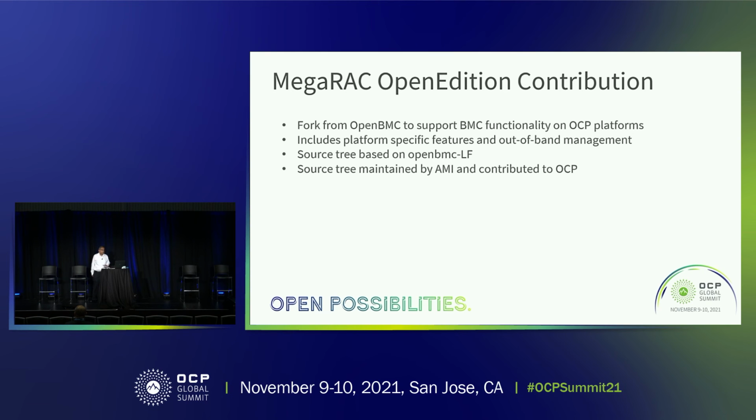It has platform-specific features, enables out-of-band management of devices. And the source tree has been made public and is still maintained by AMI. And it's based on OpenBMC LF, as stated here.